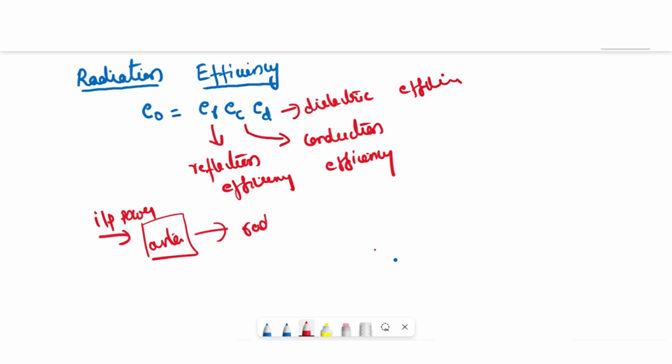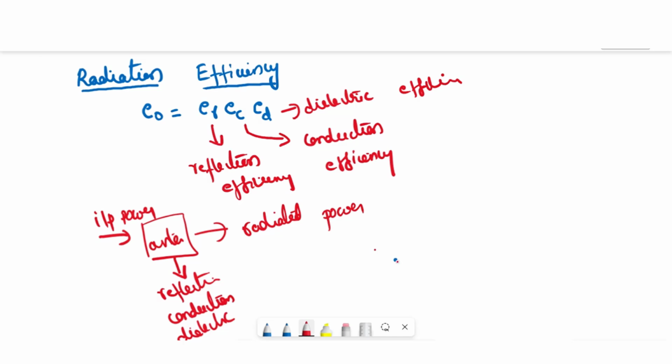So this is radiated power. This input power and radiated power are not the same because in the antenna there exist losses due to reflection, losses due to conductor or conduction, and losses due to dielectric.